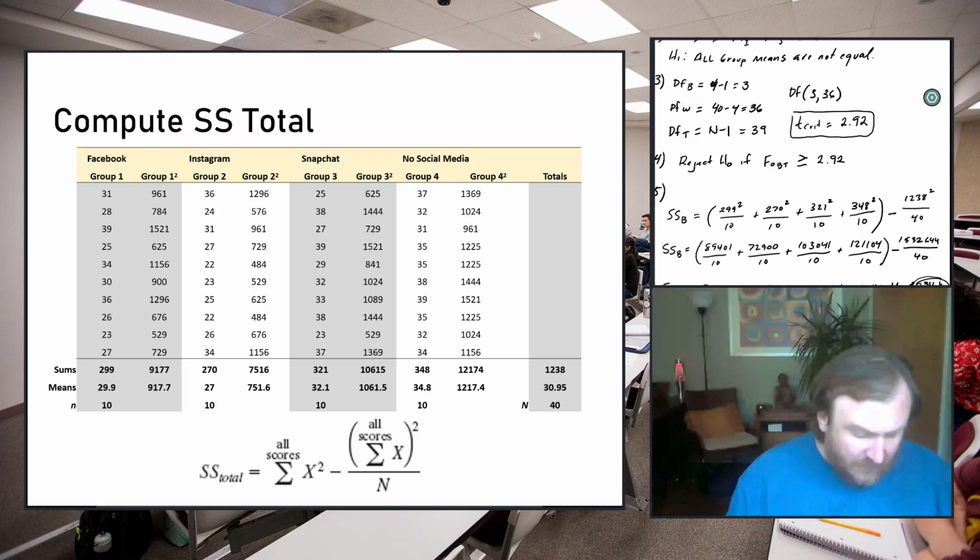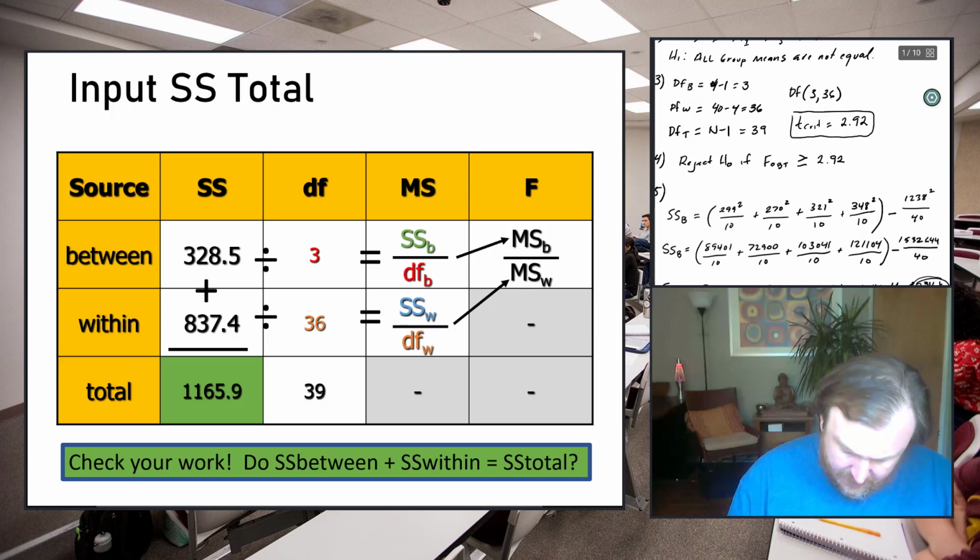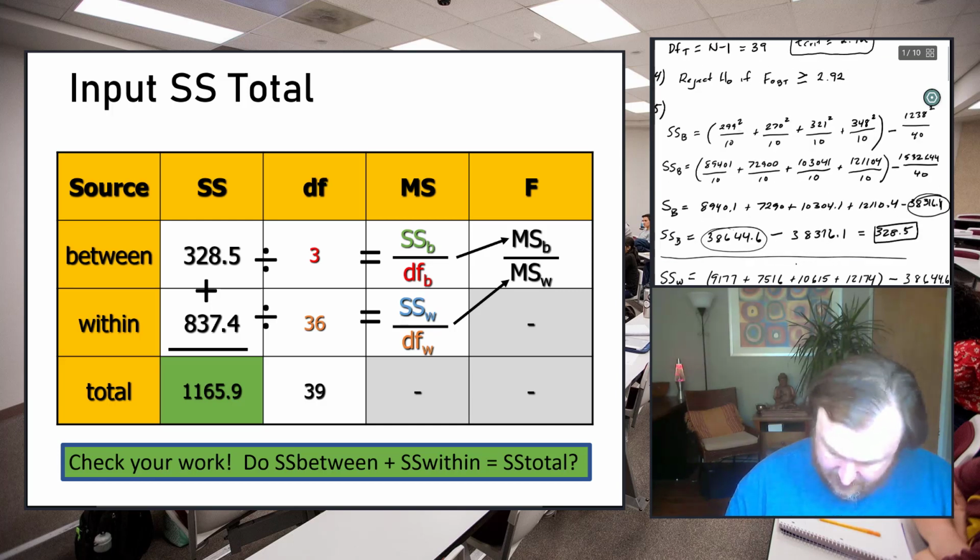Now let's add up the scores that were in our ANOVA table and see if it matches. So 328.5 plus 837.4 is equal to, what do you know, 1165.9.